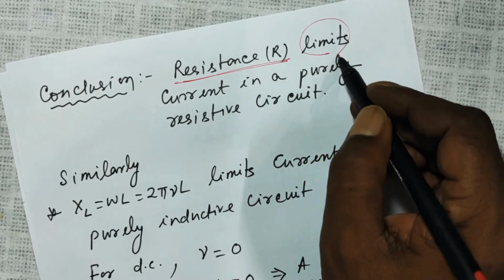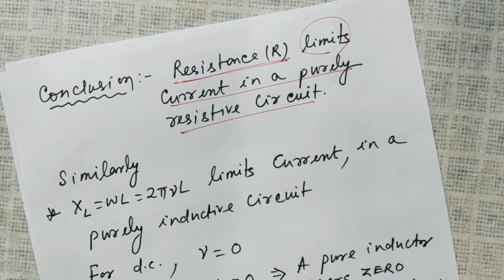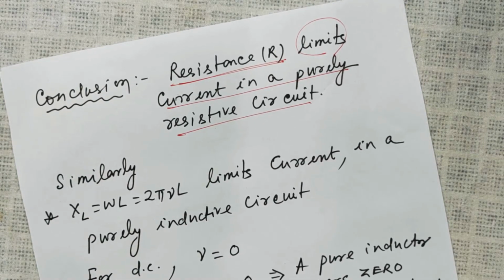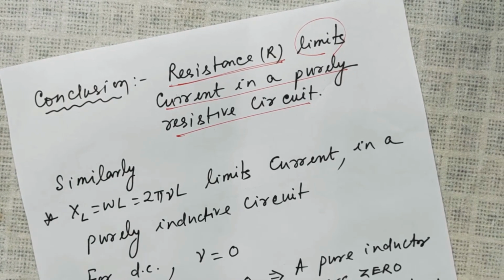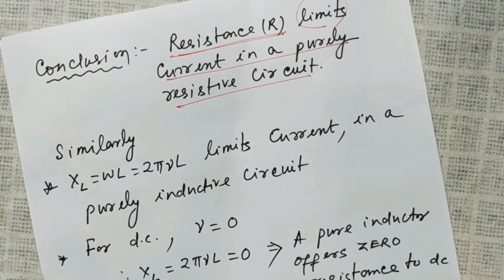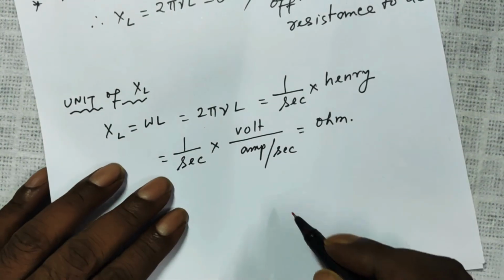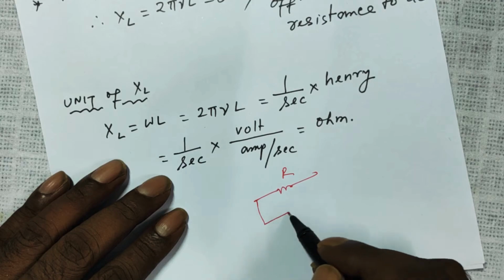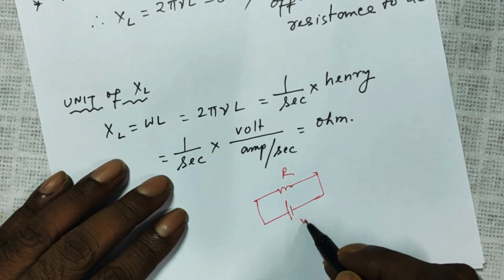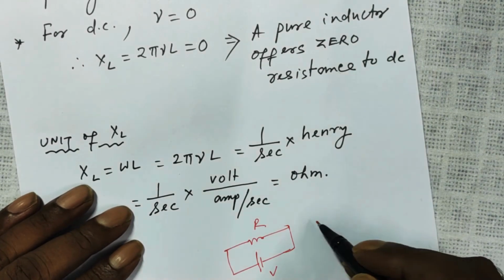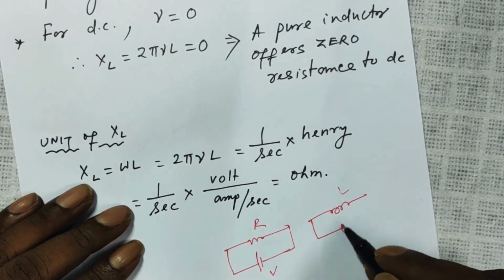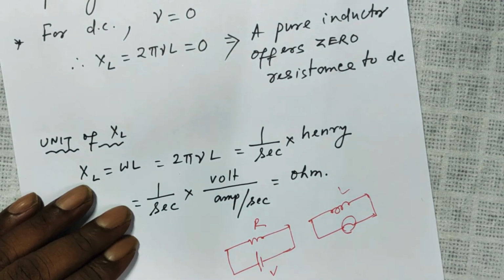What is the conclusion? The resistance R limits the current in a purely resistive circuit. Like a simple resistance in DC circuits limits the current, similarly an inductor in an AC circuit also limits the current.